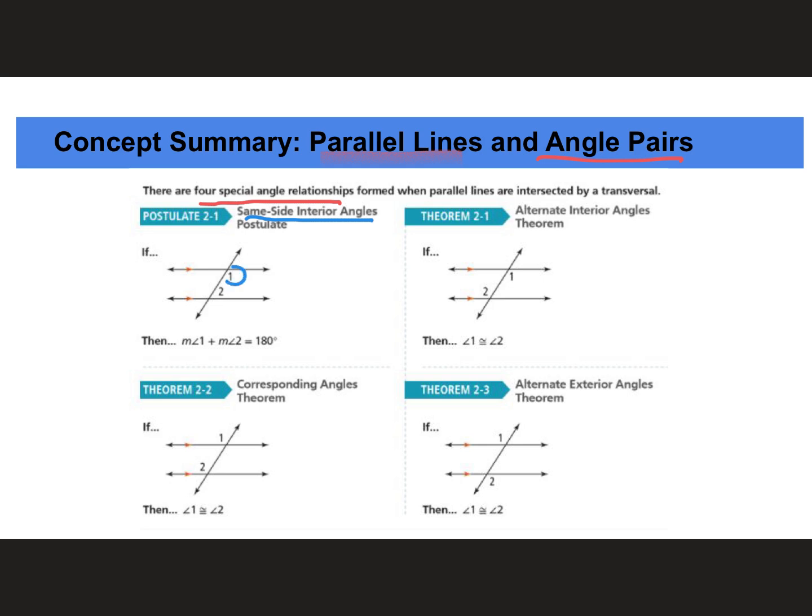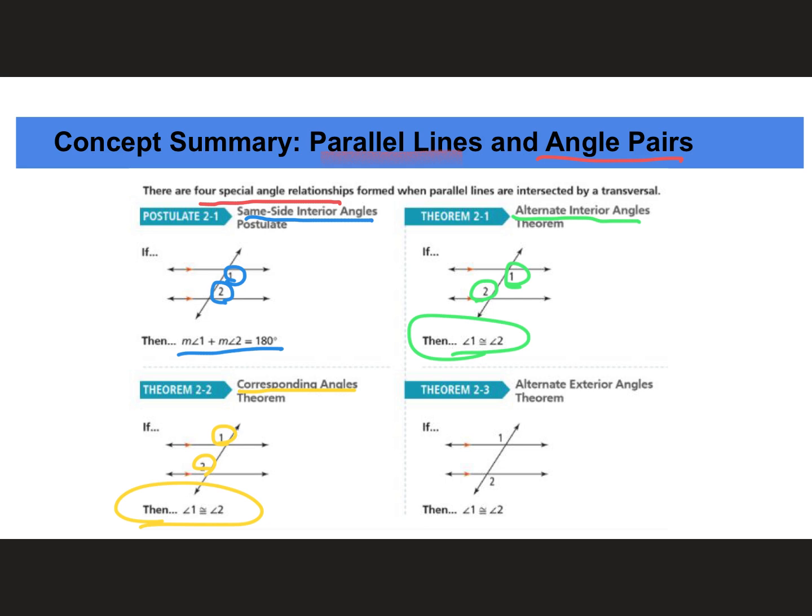These same side interior angles, notice they're on the same side and inside my lines, have to add to 180. I also know alternate interior. So again, we're still on the inside, but now look, we're on alternate sides of my transversal. Those are always going to be equal. I also know the corresponding angle theorem. That tells me these corresponding angles are always going to be equal.